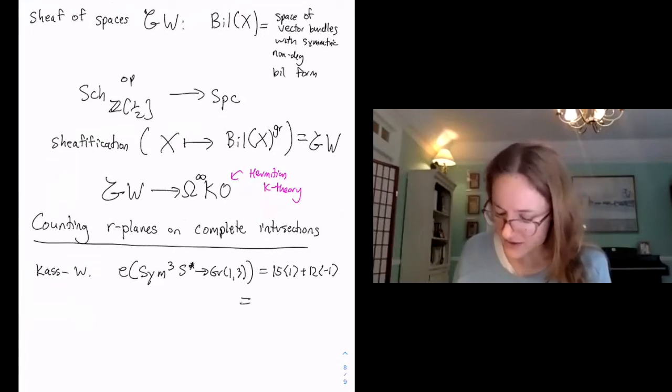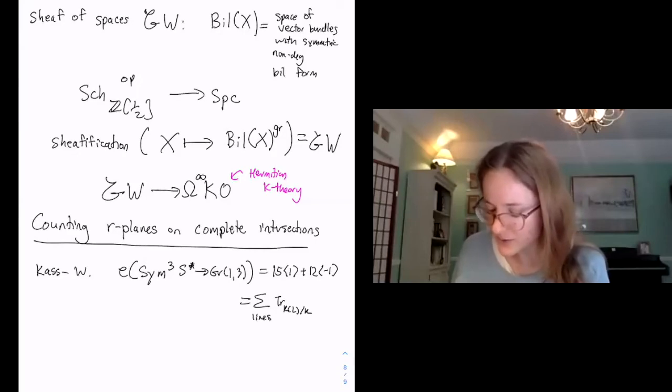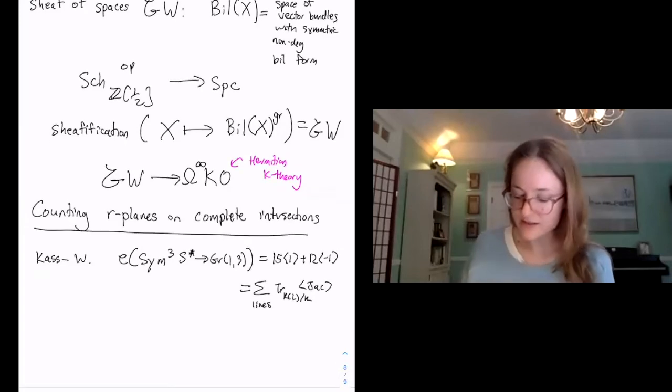And this is also a sum over the lines of an index involving the field of definition of the line and some information about how the tangent plane spins along the line.